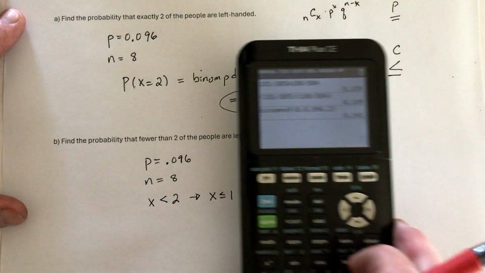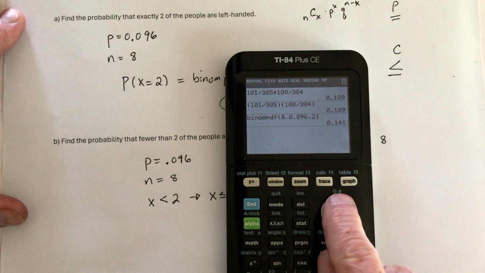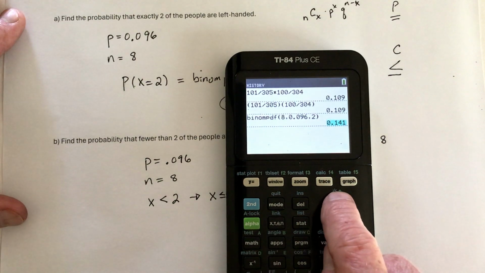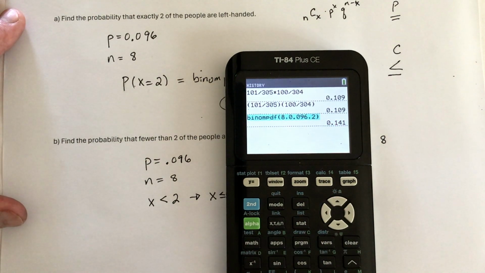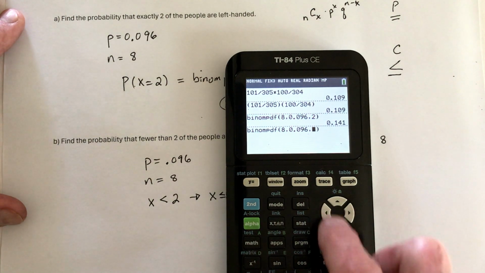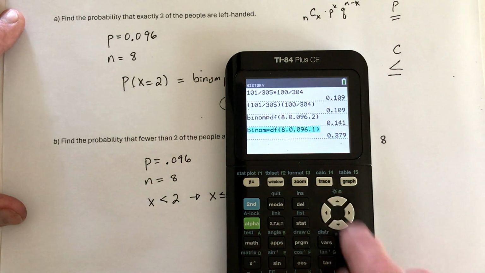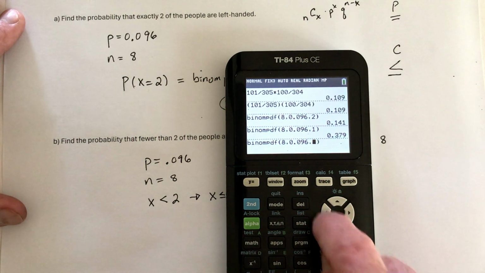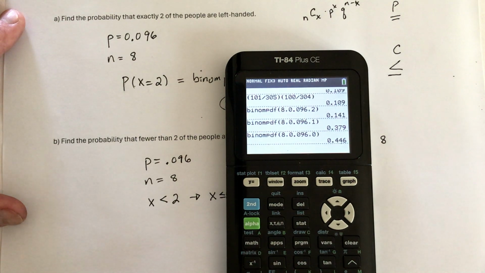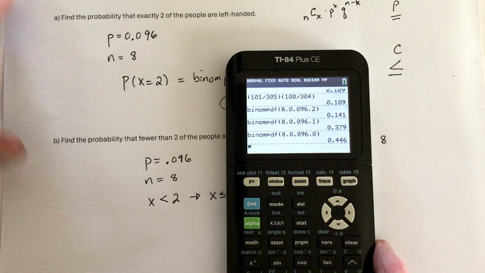Once you do the binomial formula, you can just move the cursor up and grab it, then back up and put a 1, and then back up and put a 0. So this is one way to do it.